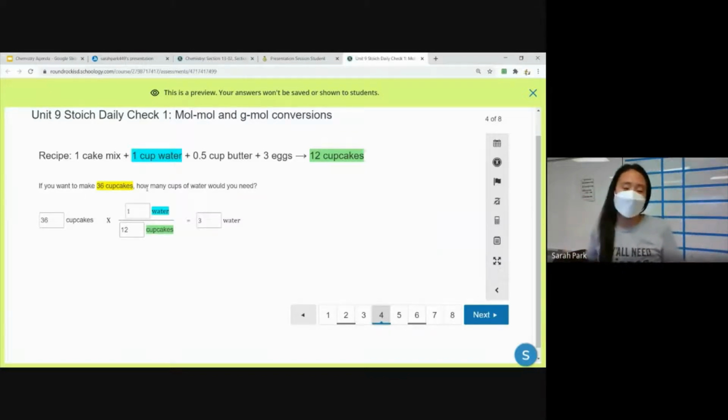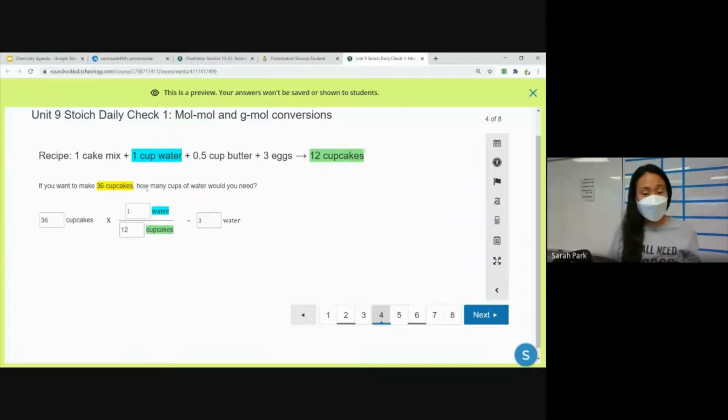Then what do you think you have to do in order to follow the recipe? I hope you're thinking it in your head. You have to convert gallons to cups because gallons is not in your recipe. Cups is in your recipe, right?